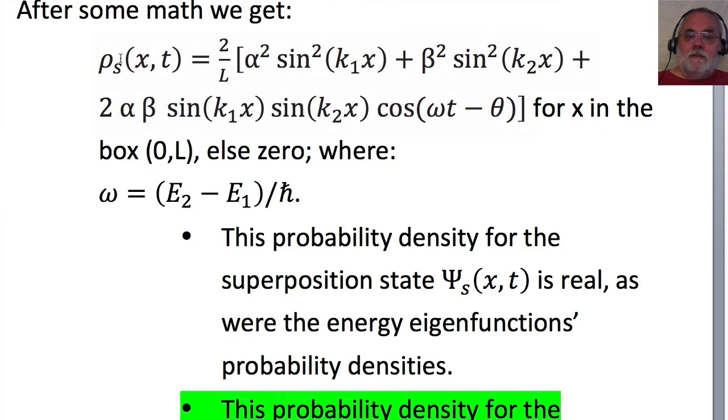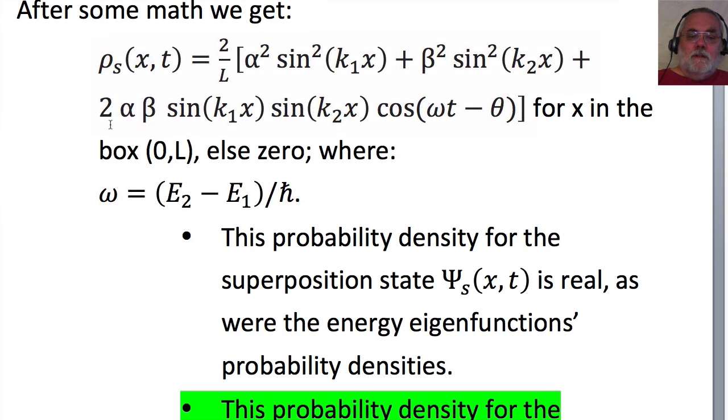The probability density is 2 over L, a normalization factor, times the entire expression in square brackets: alpha squared sine squared k sub 1 x, that's time independent, plus beta squared sine squared k sub 2 x, that's also time independent.